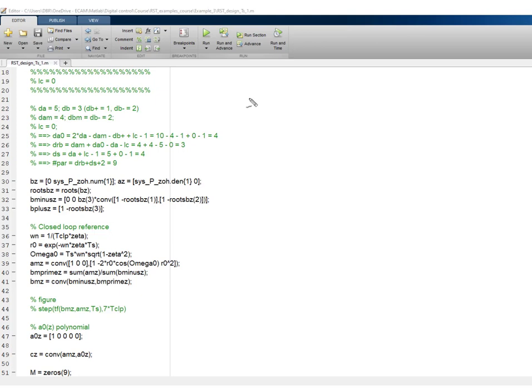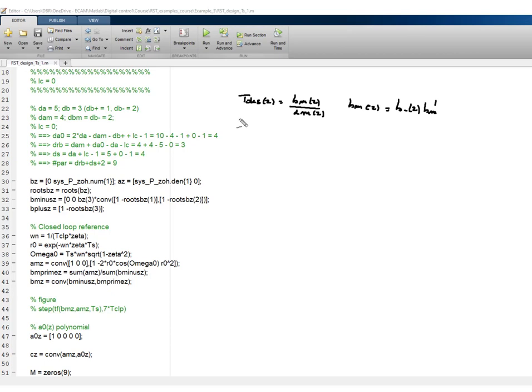So now we have to design our reference model. T designed is Bm over Am, and Bm is really B minus, so this is what you keep from the numerator of the process, so those zeros outside the unit circle, times some constant Bm prime, right?